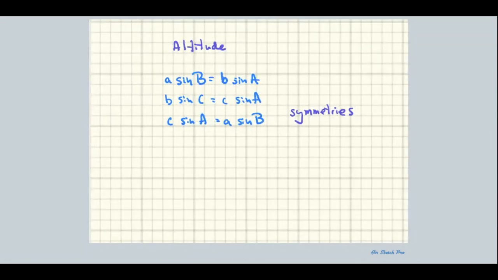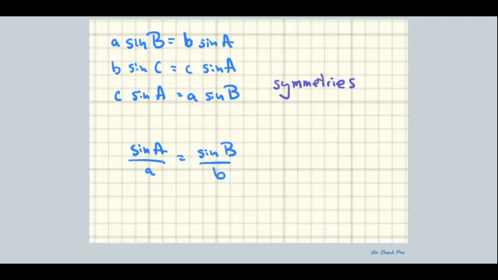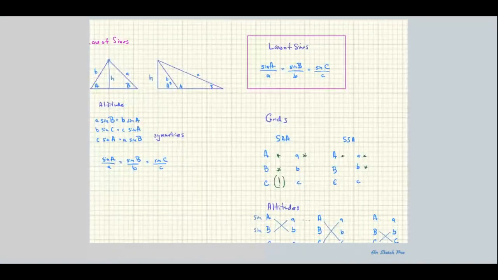It comes from the fact that if you divide both of these by sine A sine B, or equivalently divide by a and b, I get sine A over a is sine B over b. And if I do the same thing all the way around, you'll find that ratio works all the way through. And this is the form of the law of sines that you usually see.